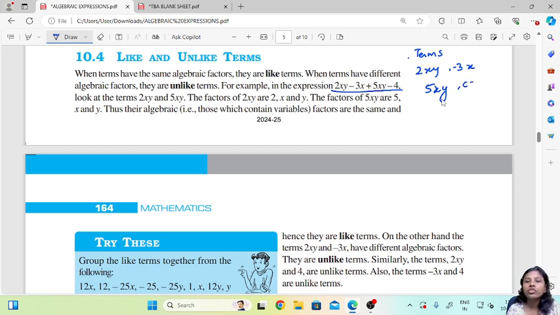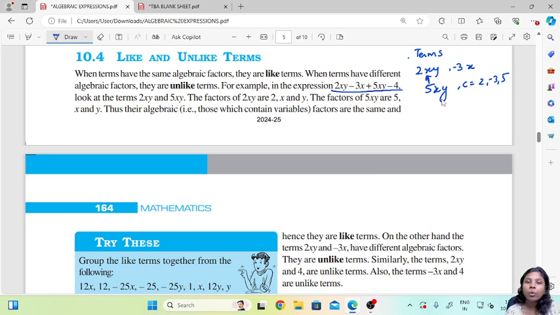Out of this, coefficients are what? 2, minus 3 and 5. These are the coefficients. Now, let's go ahead and see the like and unlike terms. Like terms are something that should be similar between two or more of them. So here see, there is xy. This one has only x. So is it a like term? No. This one has xy.